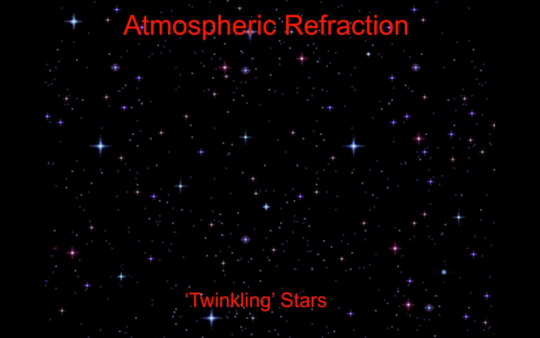Consequently, the atmosphere itself is actually moving, and it's creating all these different little refractive indices, causing the stars to twinkle. The stars above your head are coming through less atmosphere, and are less susceptible to being affected by the atmosphere.